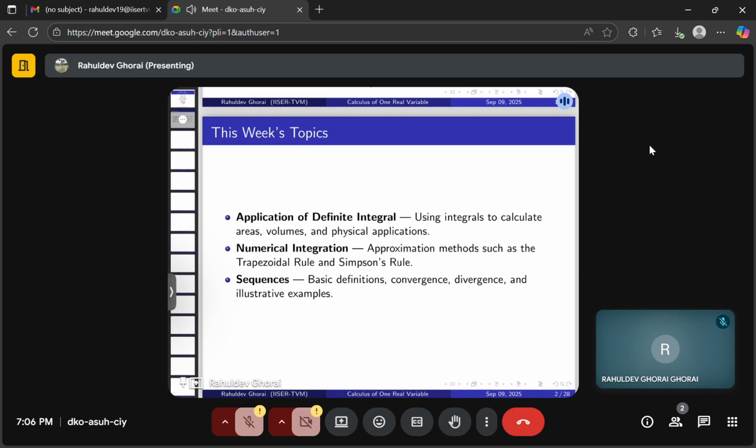Some integrations might be difficult, but you can approximate those using this trapezoidal rule or Simpson 1/3 rule, right? You cannot do exact integration for all integrals, so that's why you need this type of approximation rule to somehow approximate that integration value.